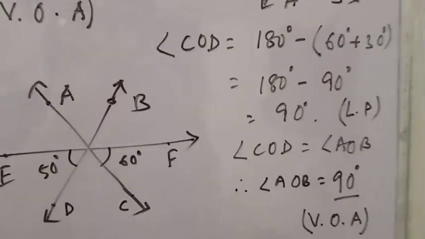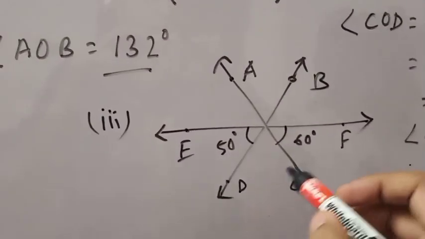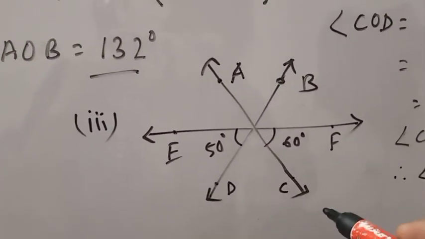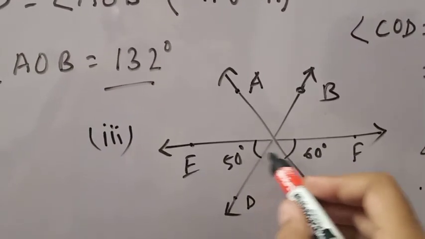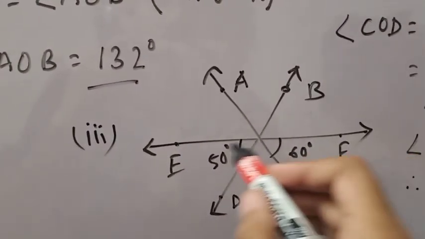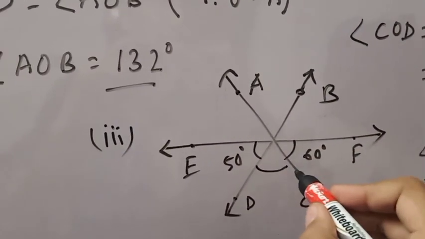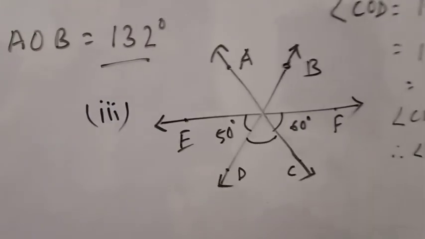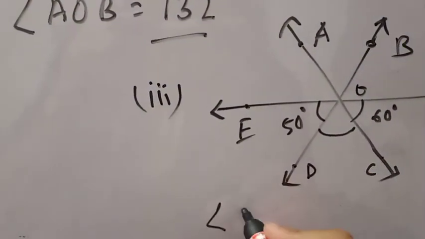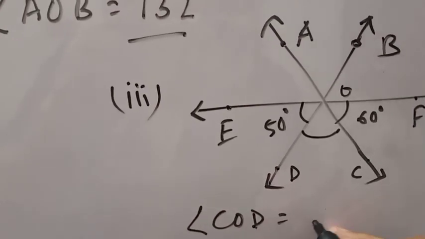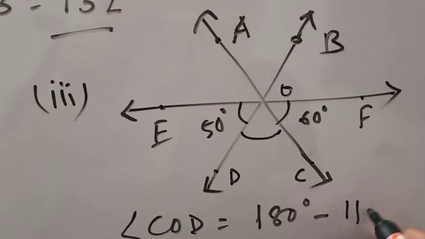Now next one, number 3. In number 3, see that 2 and 3 are mostly same. So this angle and this angle are given. EF is a straight line, that means linear pair. So third angle you have to find, subtract from 180. So angle COD, this is O. So angle COD equals to 180 degree minus these two angle addition, that means 110.